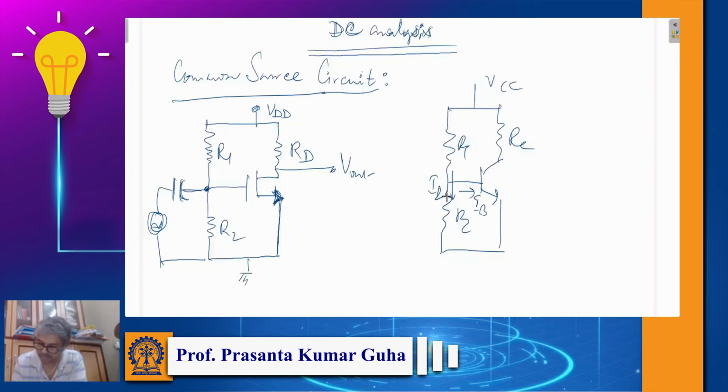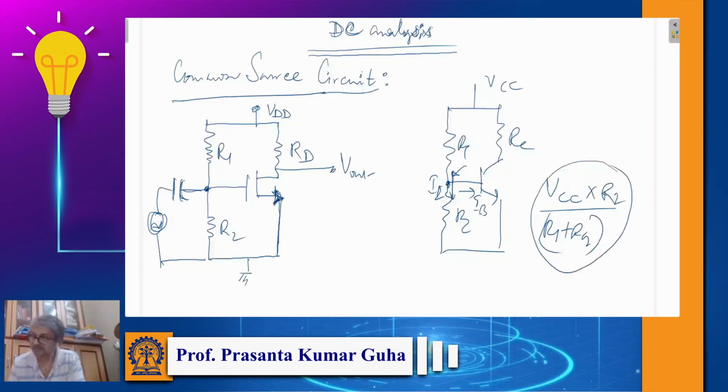And you remember we straight away calculated the voltage here, which is basically the base emitter voltage, and that we wrote as VCC R1 over R1 plus R2 multiplied by R2. This was true if we consider I2 much greater than IB, and if this is not true, then we calculated this in terms of V Thevenin and R Thevenin, you remember?